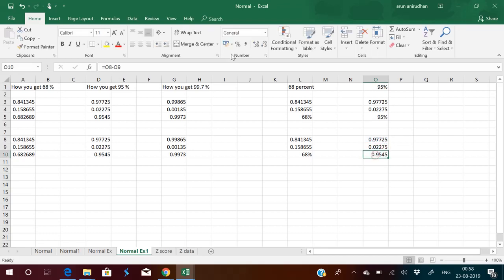So for 99.7%, same method, you will get both the values. You can try yourself. I will leave it as an exercise for you. You try that.